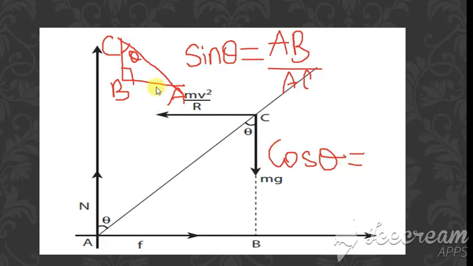Cos theta is adjacent divided by hypotenuse, so cos theta is BC divided by AC. From this, AB can be written as AC into sin theta, and BC can be written as AC into cos theta. These sine and cos formulas you have to know.